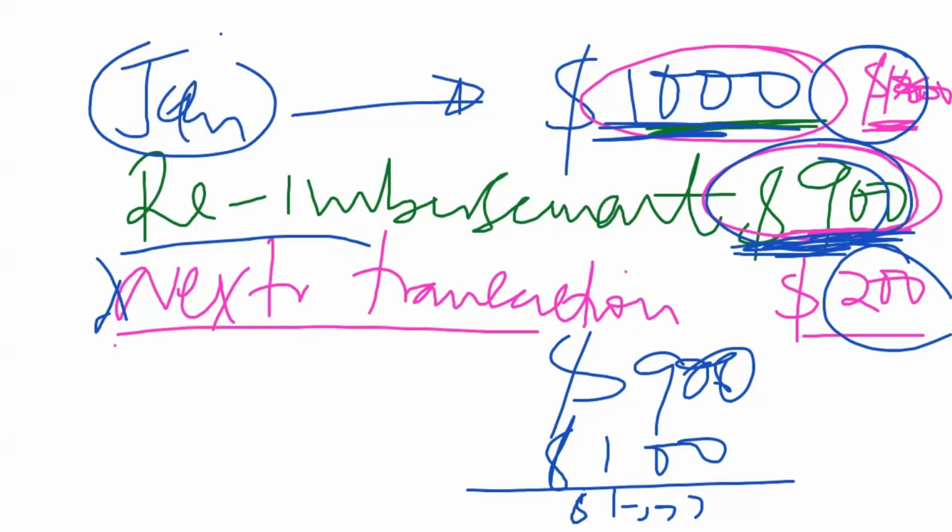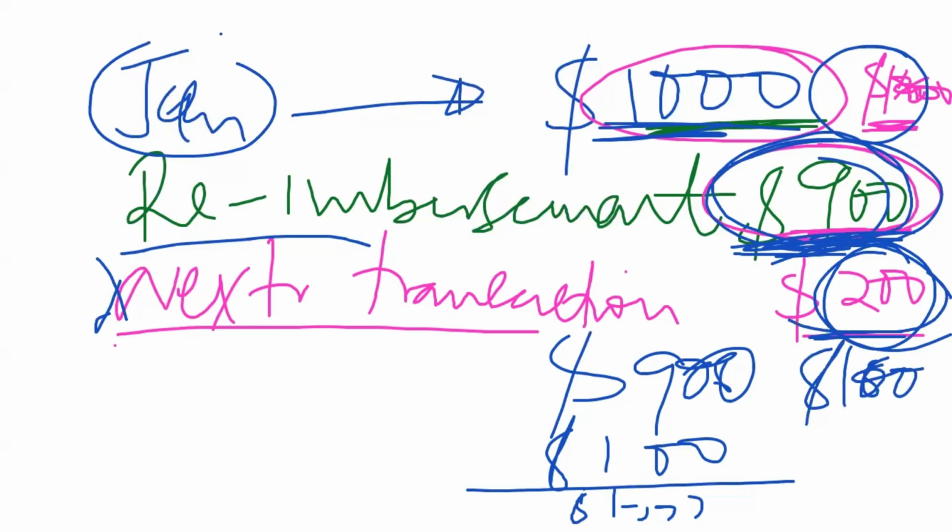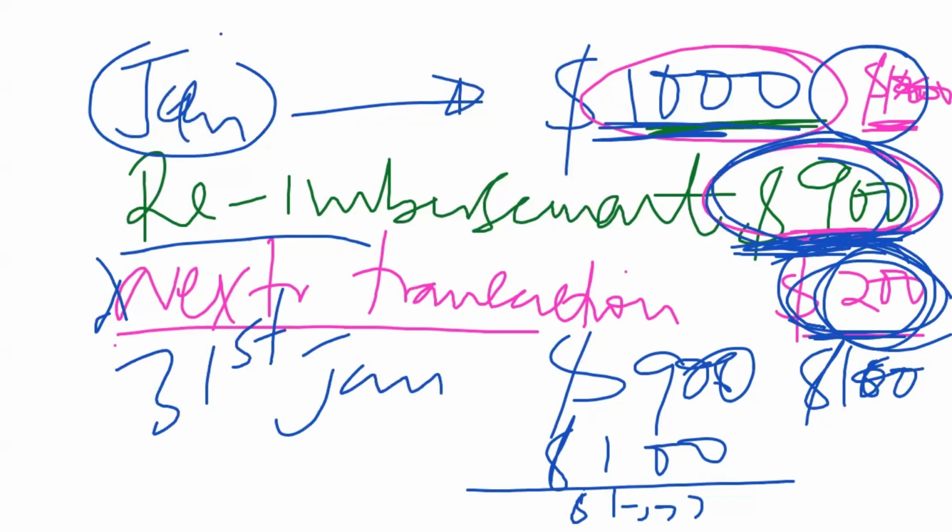And you are seeing that you have already spent 900, but the next transaction is 200. Someone may say, why doesn't the main cashier just give you the 100, because it is the balance to offset this. Then you close off that month, 31st Jan. Then in Feb, the main cashier gives you the total amount.